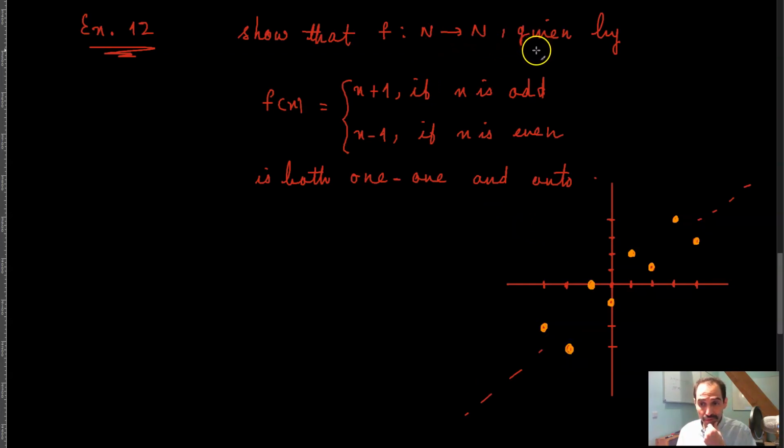Now we want to show that it is both 1-1 and onto. You can see that for every input we have some output, and all the outputs are distinct. So that means it is both 1-1 and onto. 1-1 means that distinct elements of the domain of the function have distinct images in the range of the function.